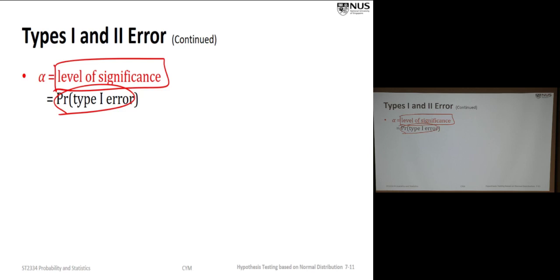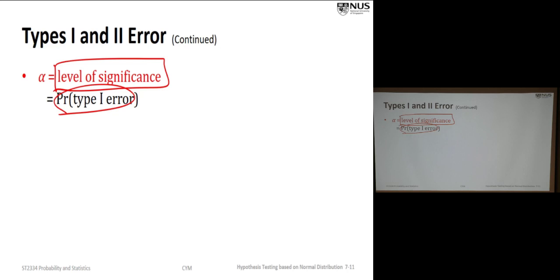In other words, we try to control the chance of committing a type 1 error. Usually we control it at 5%. Sometimes we control it at 1%. So that means my test procedure is to make sure that the chance of committing a type 1 error, that means wrongly rejecting the null hypothesis when the null hypothesis is true, is about alpha, 5% or 1%. All right.